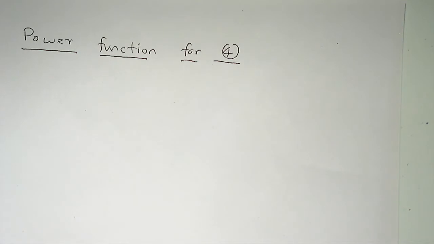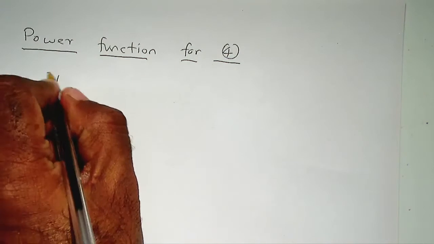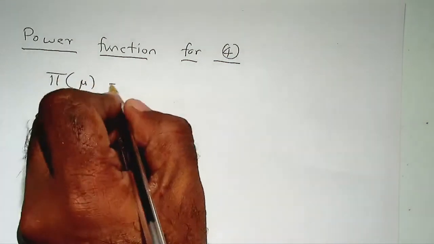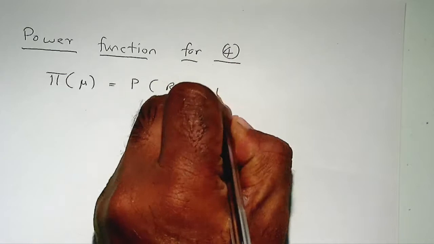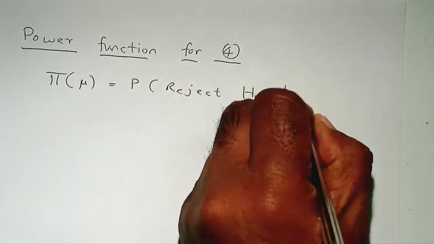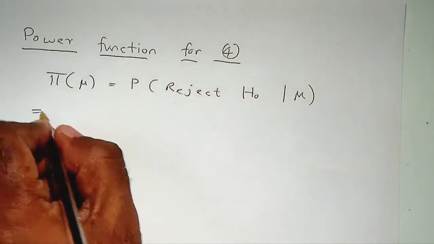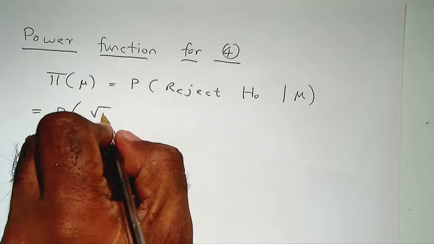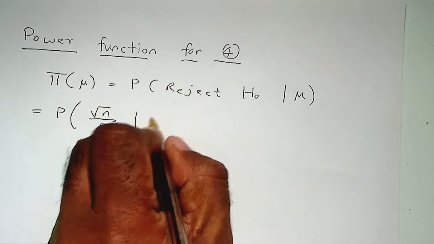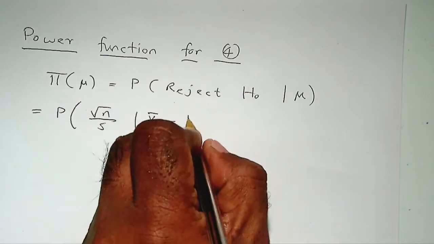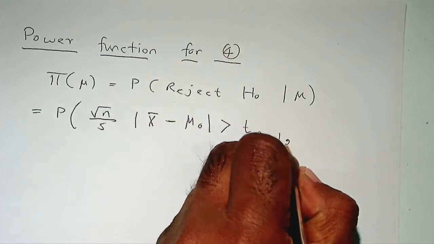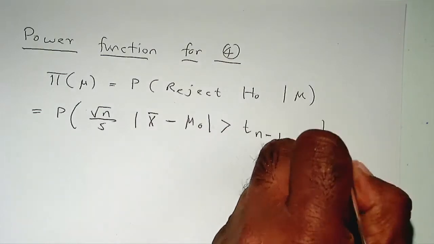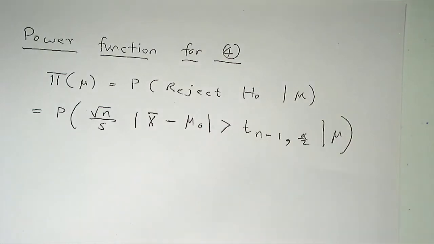All right, so it's pi of mu, which is the probability of rejecting H0 given mu, which is this.